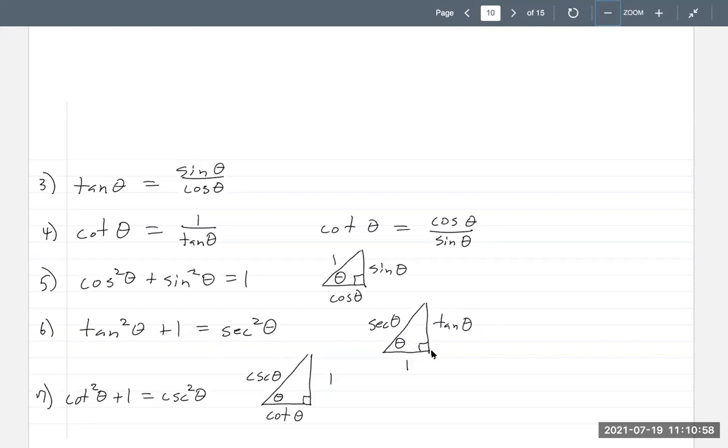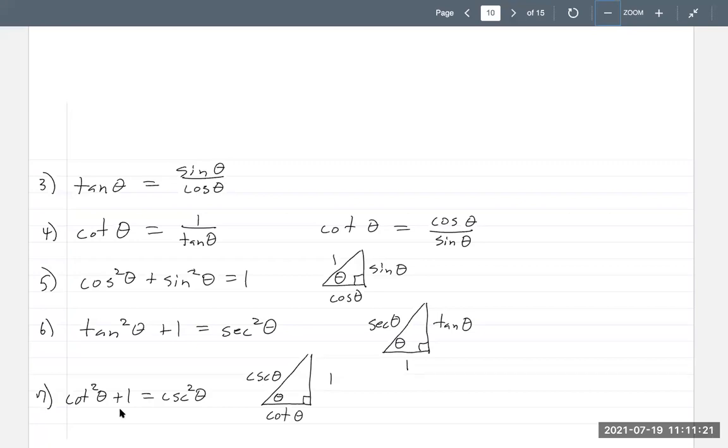And so if I let the length of the adjacent be 1, and the length of the hypotenuse secant theta, the length of the opposite tangent theta, then by Pythagorean theorem, we have tangent squared theta plus 1 squared is equal to secant squared theta.